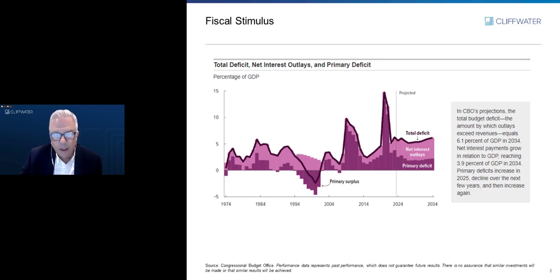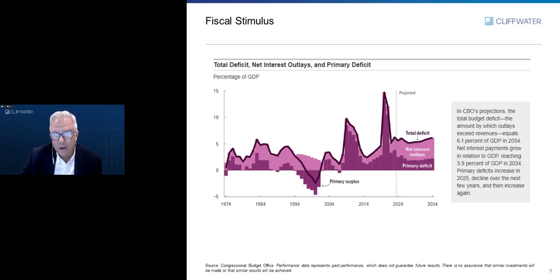In terms of fiscal policy, I read in the Journal today, a $1.8 trillion deficit for fiscal year 2024. The big picture is we're basically in a new, higher level of fiscal deficits, which are projected to continue unabated into the future.